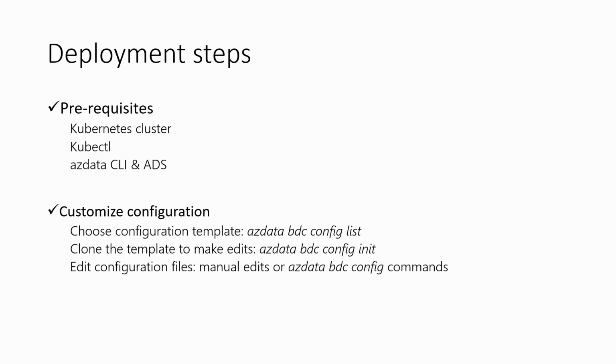The next step is to choose what configuration template to use as a baseline for your deployment customizations. If any edits are necessary to accommodate different storage or scaling or networking requirements, you will make a copy of the built-in template using AZData and then use that copy for any customizations.